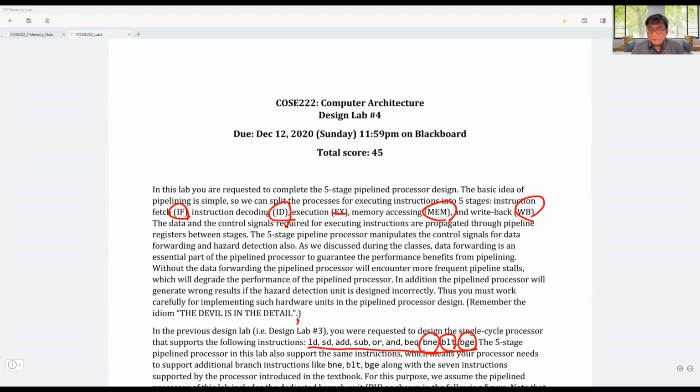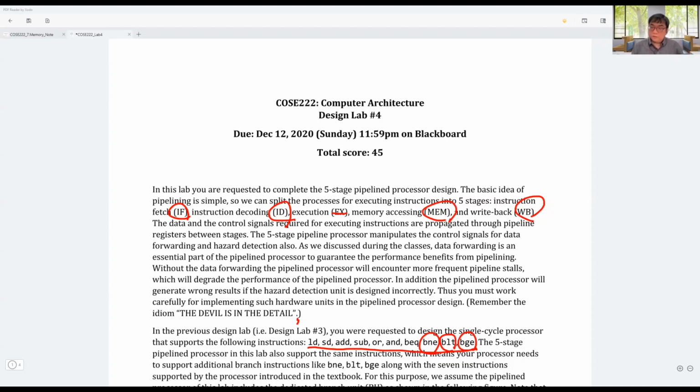I believe this design lab will be very helpful for you to understand the detailed architecture of a pipeline processor. Many students struggle to understand how pipelines work and how the data and control signals are organized in the pipeline architecture. But this is very critical and very important.